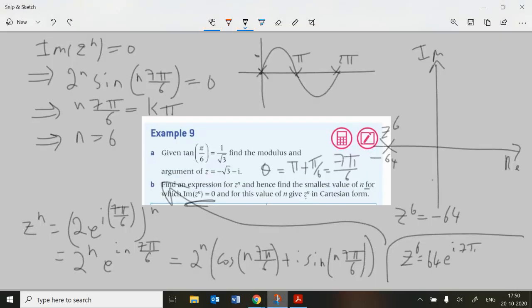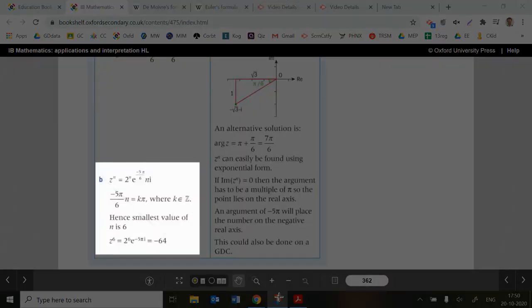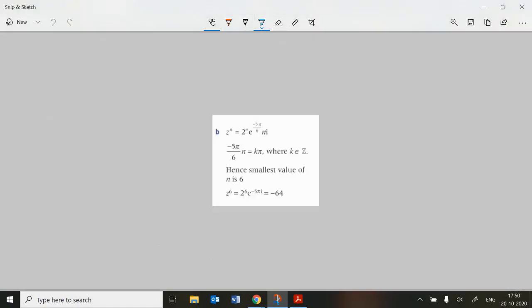Let's just take this version, which they've got for part B. And they've done it slightly differently, but there's also a mistake here in that they've put the n i there. So whichever student they've given to type this up has probably not understood complex numbers themselves. Definitely give it to a postgraduate student, eh?